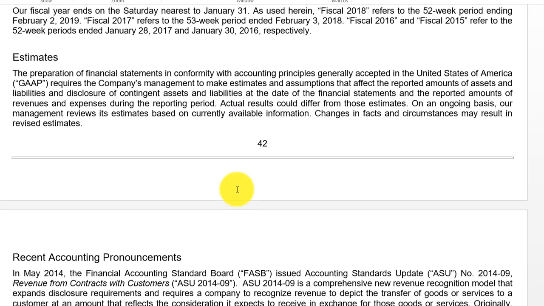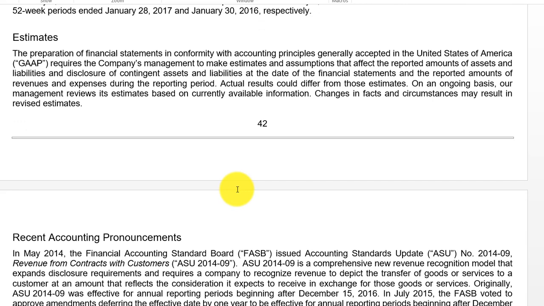Next one tells us that there's estimates. That under GAAP, we make a lot of estimates. There's not exact numbers for some of the things, and there's several items on here that have been estimated. And we feel like that's relevant and that is useful for making decisions rather than waiting for the exact amount or being able to determine that.